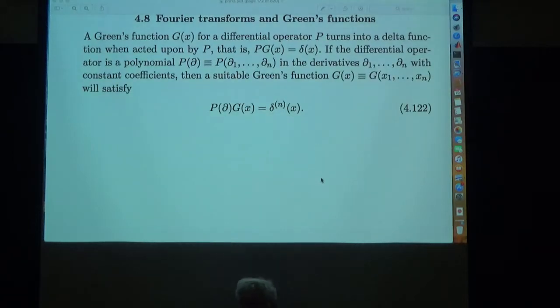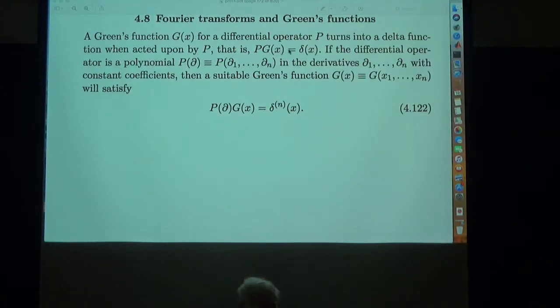Okay, Fourier transforms and Green's functions. Once again, these Fourier transforms, these Green's functions, these convolutions, they're all your friends. So, what is a Green's function? In general, a Green's function is something that solves your problem. For example, suppose you have some differential operator P, and you want to solve this equation.